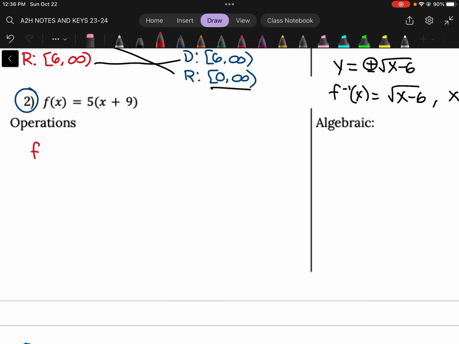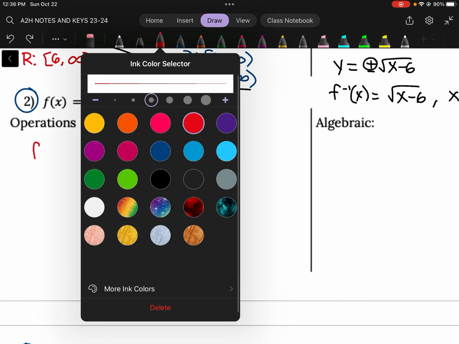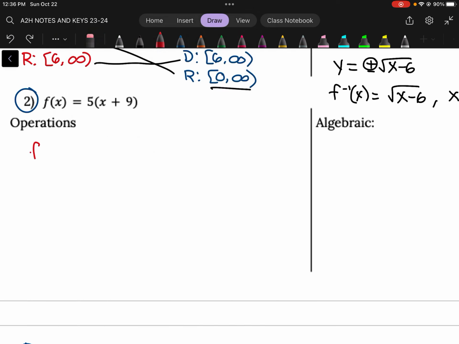Okay. All right, we'll try 2 more, and then I'll let you guys practice. All right, so operations-wise, right? Oops, yeah, let's use red. Operations-wise, we've got 5x plus 9. So we build that with, I need to rewrite it there. We build that by adding 9 first, right, in parentheses.